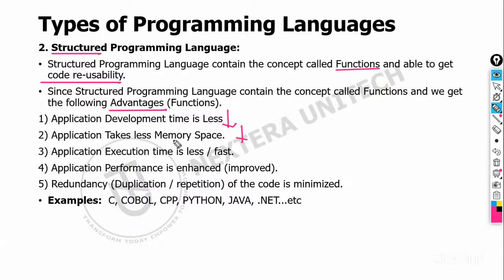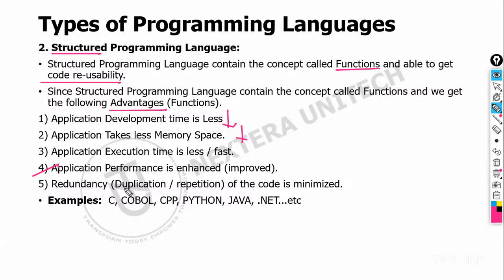Then we also have an additional advantage that the execution time gets less. Very quickly, we are able to execute the application, the code, and finally the performance gets enhanced. It improves.